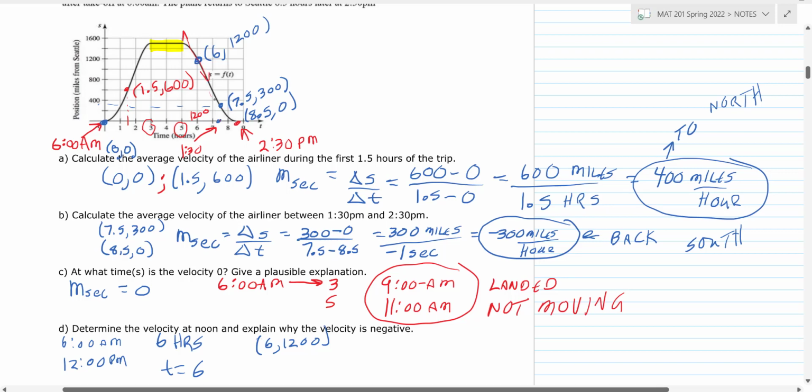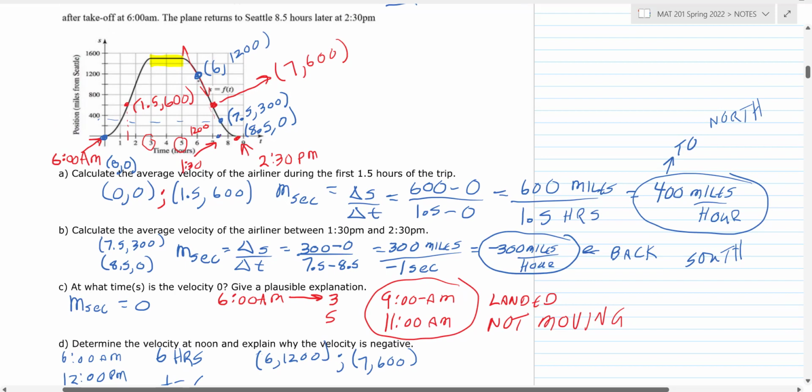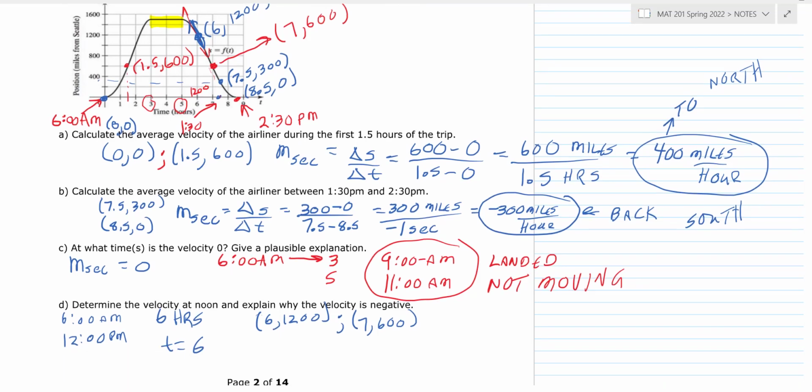In this region, the slope looks pretty constant, so I'm going to use a second point, (7, 600). That's a good point to use. If I connect those two dots, it looks about the same as the slope of the tangent line. That seems like a good estimation.